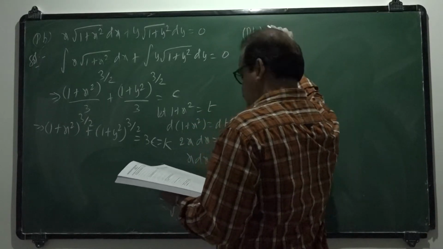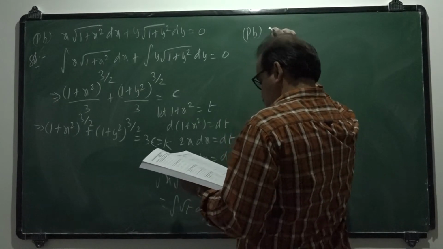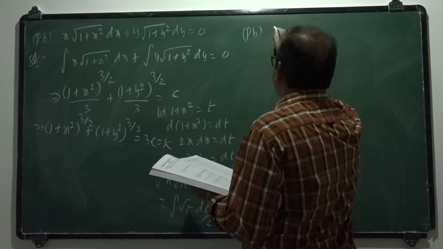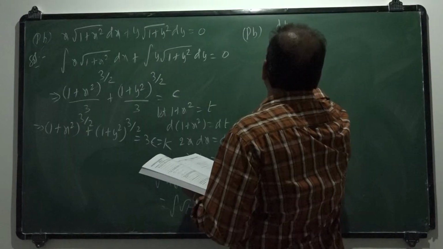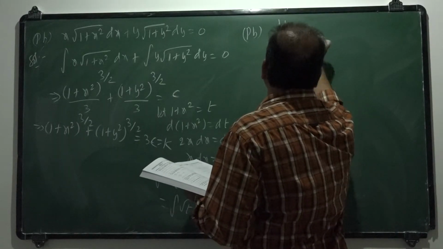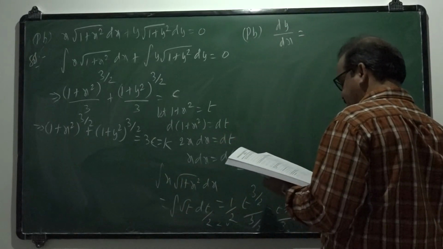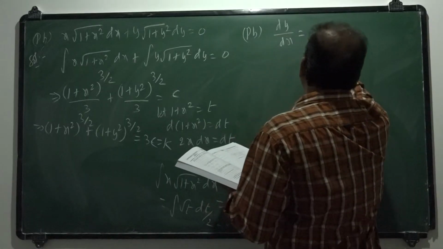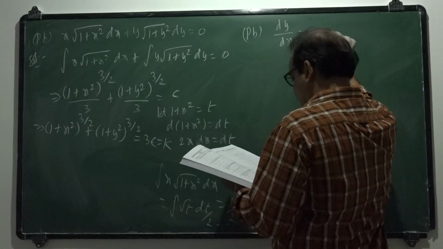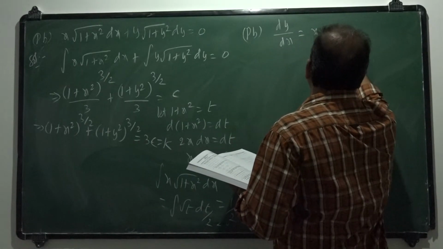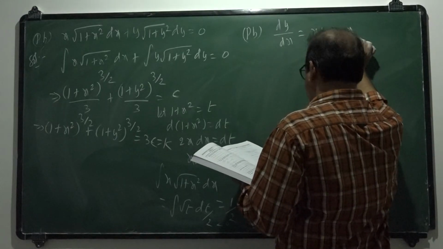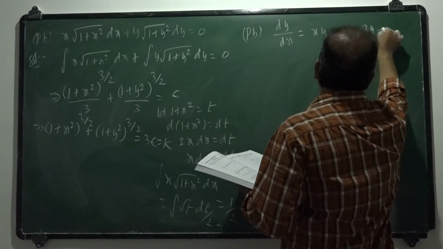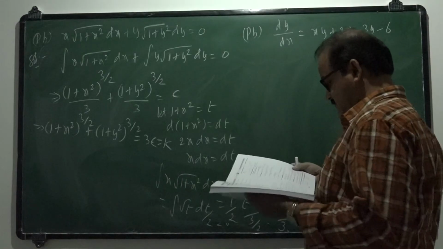Next problem. Dy by dx is equal to x into y plus 2x minus 3y minus 6.